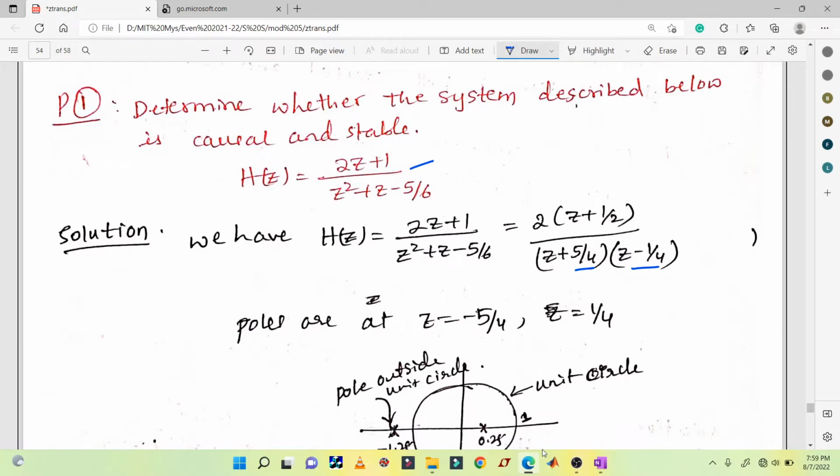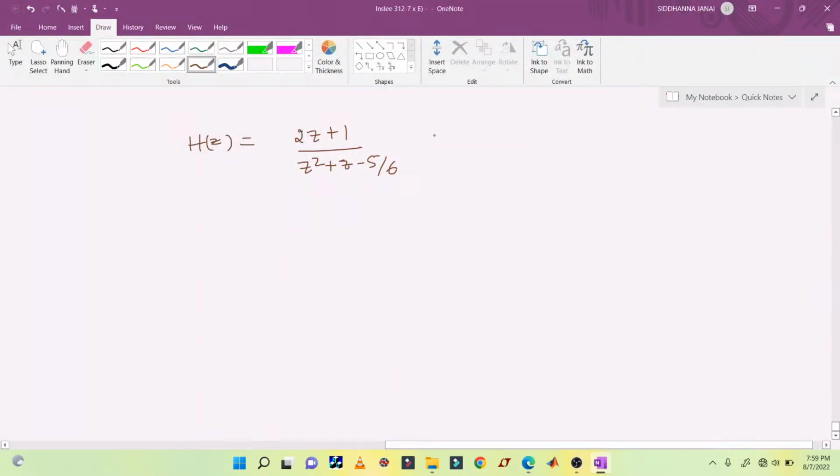If we simplify using the ax square plus bx plus c equation, what we get is z plus 5 by 4, z minus 1 by 4. These are the roots or values of z.